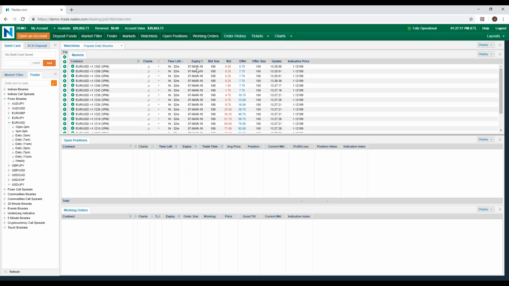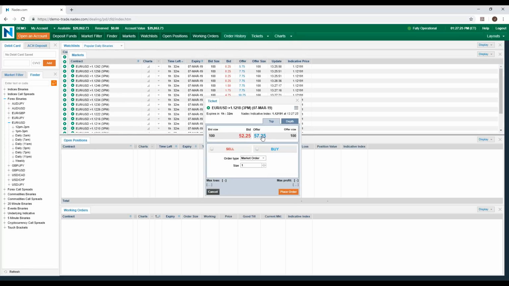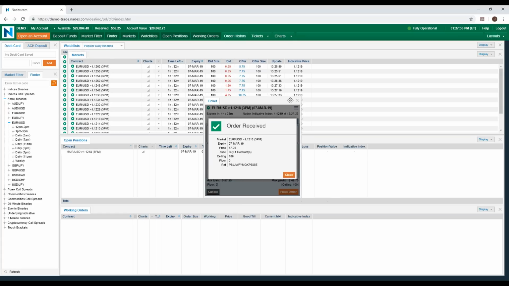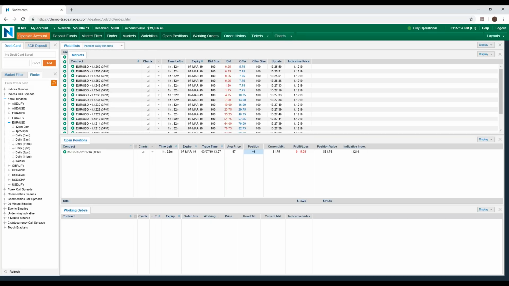You can exit early. Now, that's another thing that some people don't understand. Okay, let's say that you got this particular binary right here. Again, this is just an example. This is not a trade recommendation. Let's say that you placed that order. You bought this binary for $57.